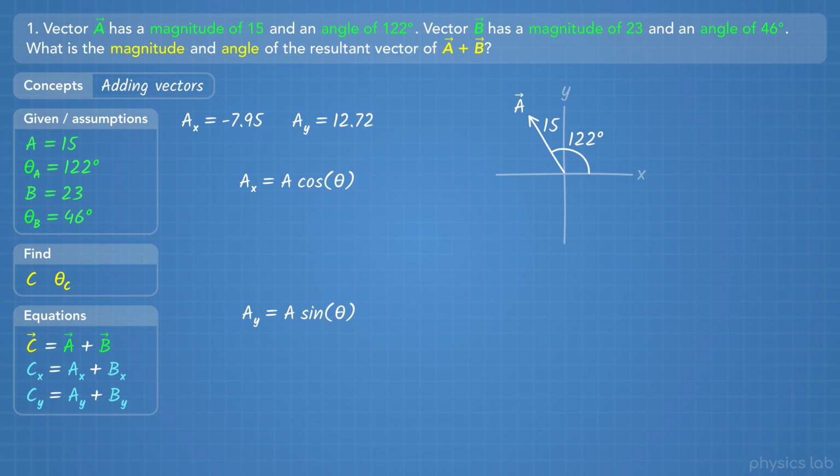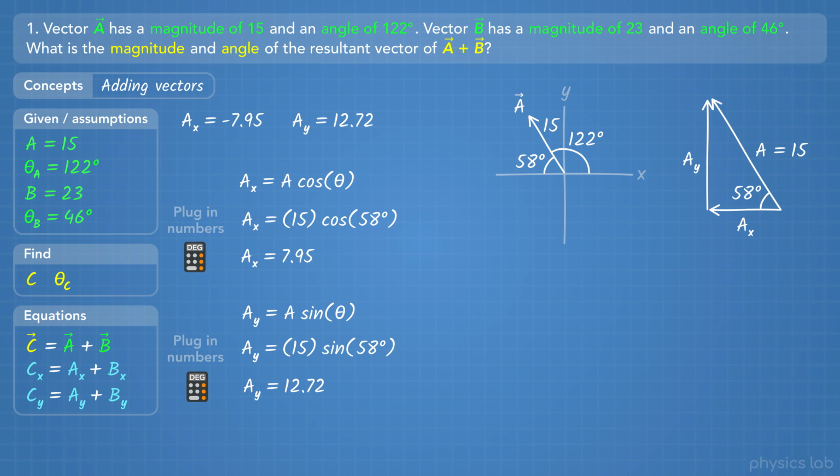Another way we could have found the components is by using the reference angle. 180 degrees minus 122 degrees is 58 degrees, which is the angle between the vector and the x-axis. And if we draw out the components, it's the angle inside the triangle between the vector and the x component.